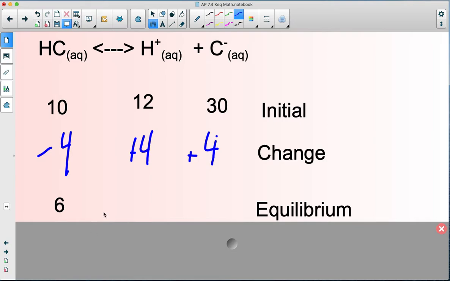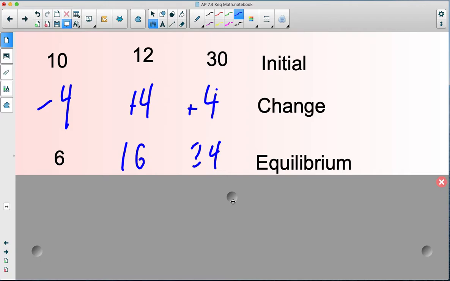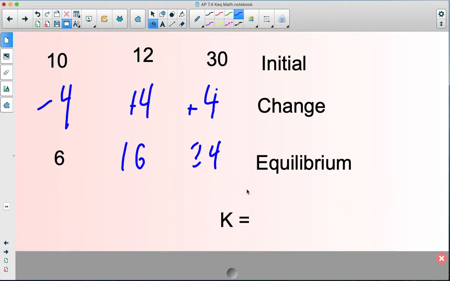When I get to sweet, sweet equilibrium, this one's going to be 16, this one's 34. And the rest, my friends, is algebra. Okay? It's just computation. It's just plugging and chugging. Our K value is going to equal 16 times 34 over 6. Let's see. 34 divided by 6 is approximately 6, a little bit less than 6.